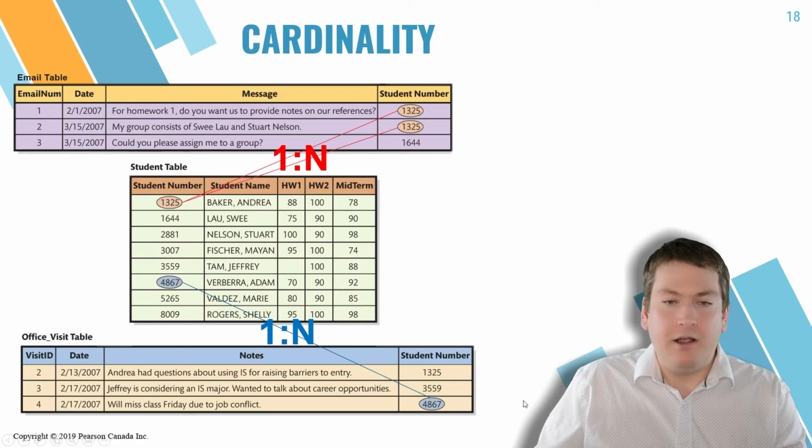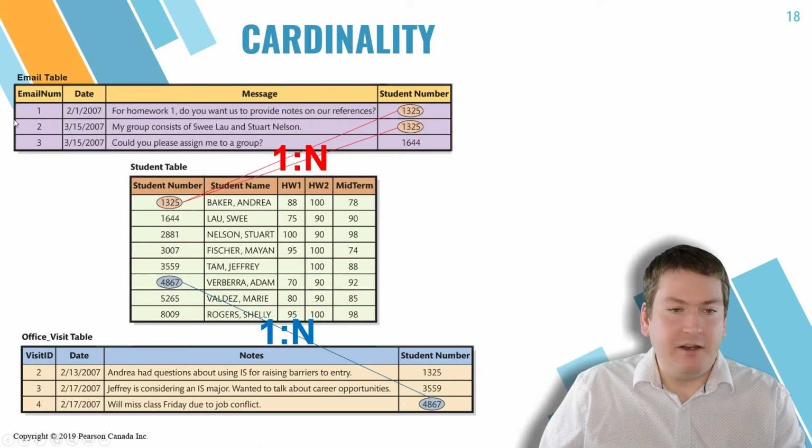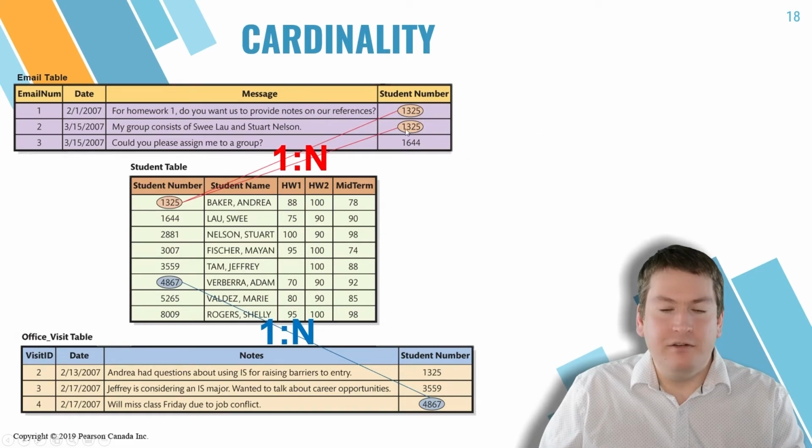So this is our example from the database lecture, and we have our email table here, and each email is assigned to a single student. And in the student table, we can see that each student has a unique student number. This relationship between student and email is what we would call one-to-many, or 1:n.